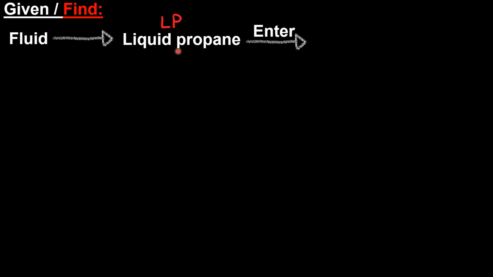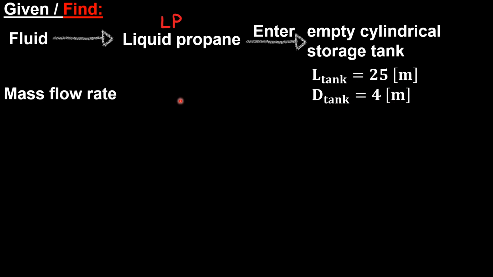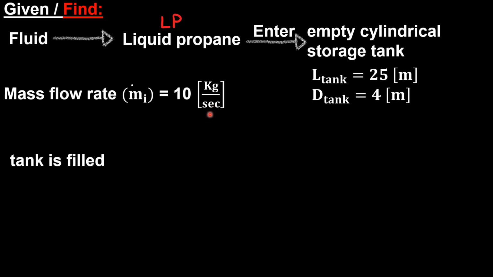And remember, this liquid propane that is under pressure initially enters an empty cylindrical storage tank. The length of the tank is 25 meters and the diameter of the tank is 4 meters. It enters the empty cylindrical storage tank with a mass flow rate at the inlet of 10 kilograms per second.